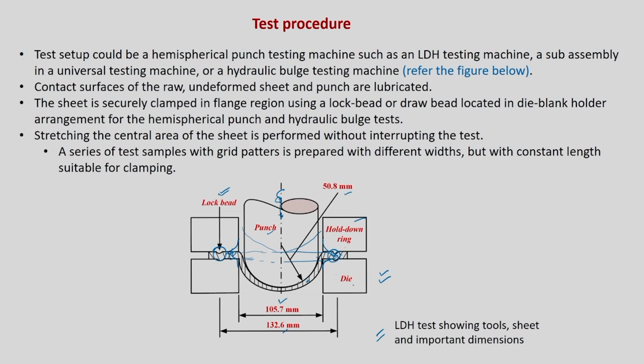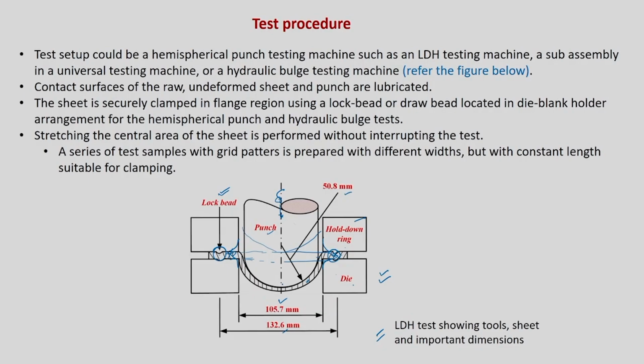Or sometimes what we do is, if I make this setup, the clamping is done mechanically using fasteners. Using fasteners you can mechanically clamp the sheet, and the punch is held in the UTM, and like any other test, the movement of the punch is controlled by hydraulic means, and it will come and deform the sheet.